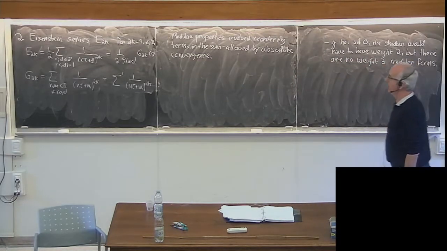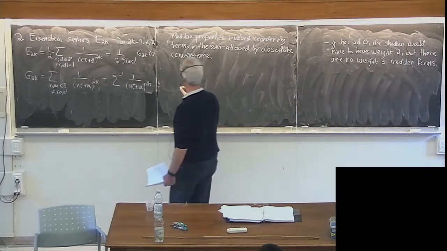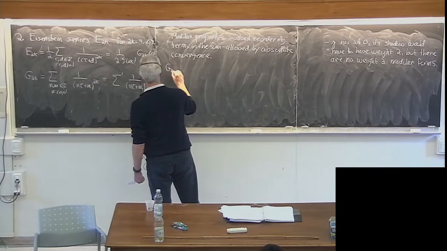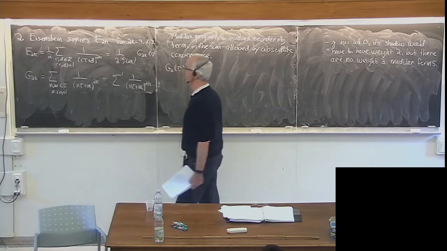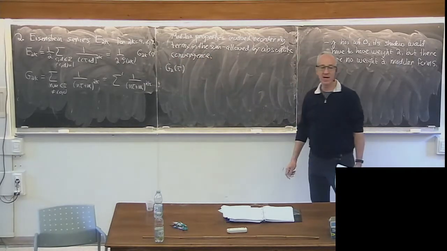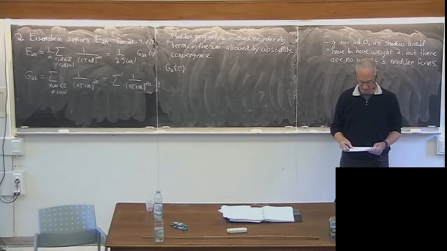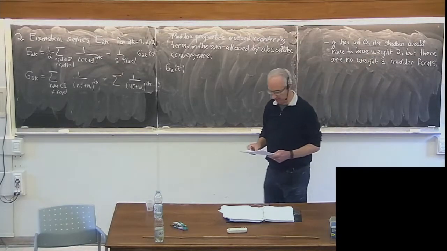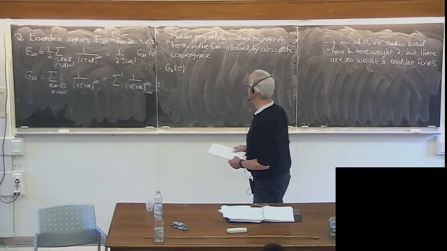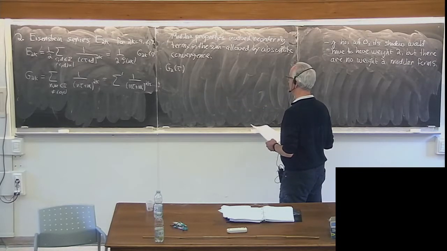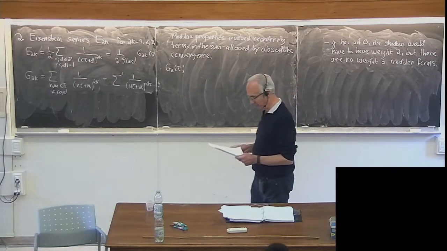But you can make sense of G_2 for which the sum is not absolutely convergent, but because it's not absolutely convergent, you're not allowed to reorder terms in the sum, and as a result, you find a slight deviation from something that's modular.